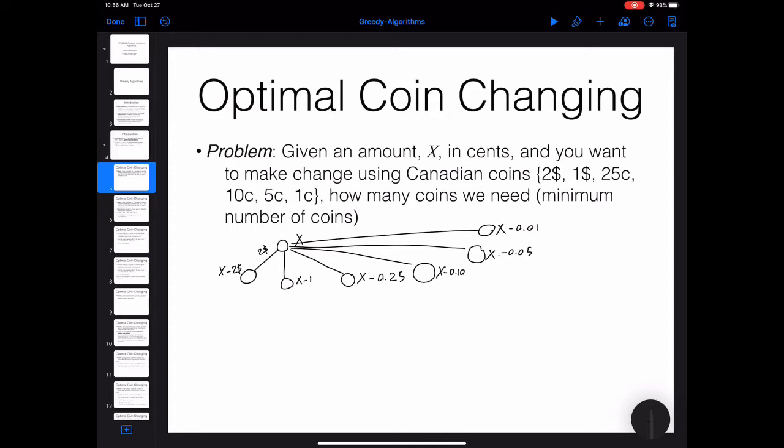The optimal answer for changing X is going to be the minimum among all of these branches. You expand all of these with all the options that you have. This is the complete search, and this is what dynamic programming will do.